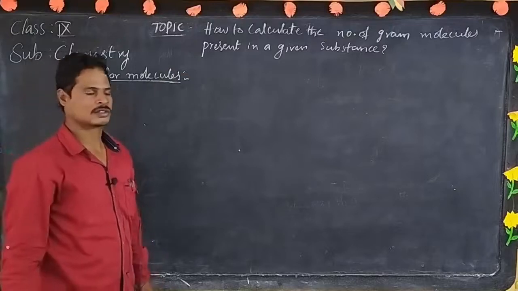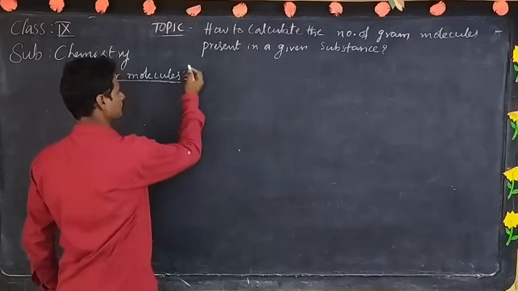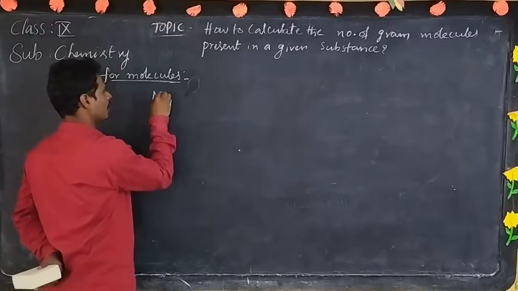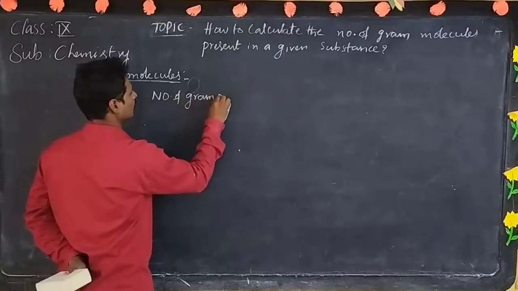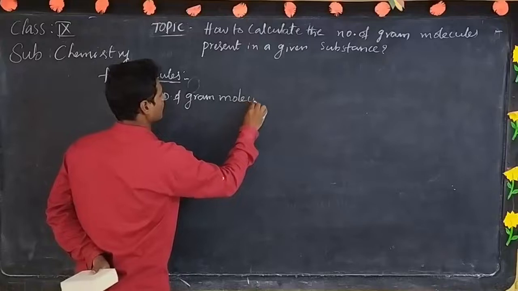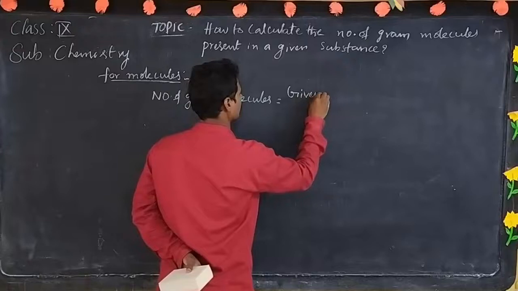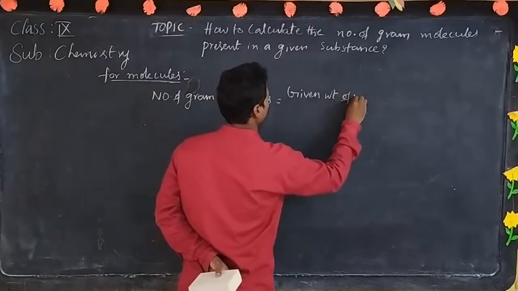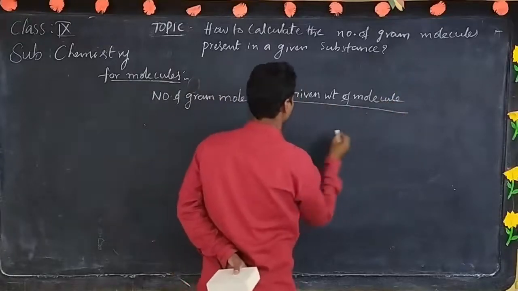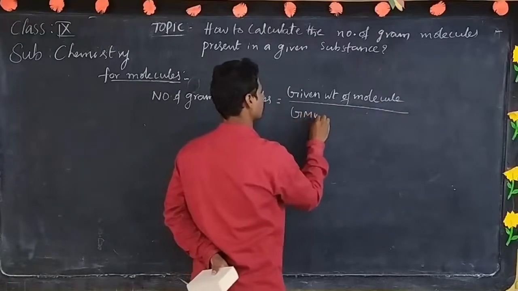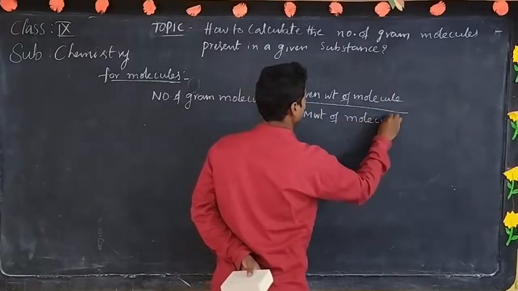What are the formulas? There are three formulas. First one, number of gram molecules equal to given weight of molecule by gram molecular weight of molecule.